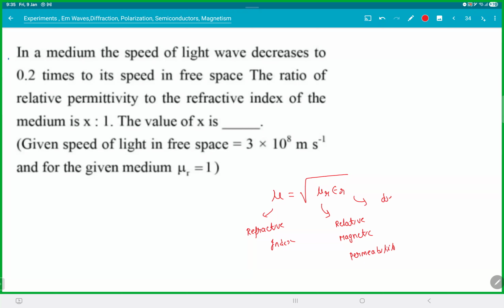Epsilon r is your dielectric constant or electric permittivity. So he's saying the ratio of relative permittivity to the refractive index of the medium is x is to 1. This is permittivity, yeah. So permittivity is your epsilon r. Permeability is mu r.